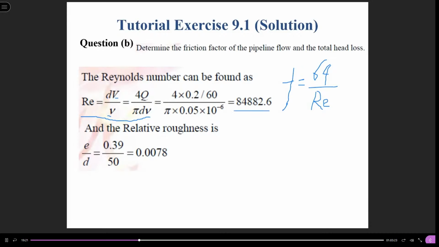The value is greater than 2,300. So the flow is turbulent flow, right? So the friction factor needs to be found from the Moody diagram, right?